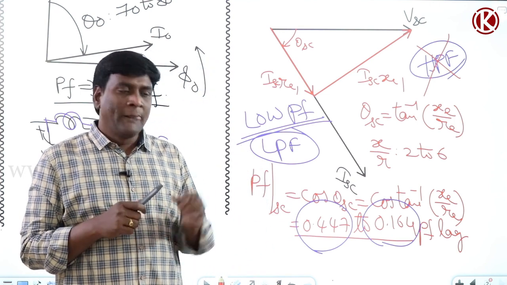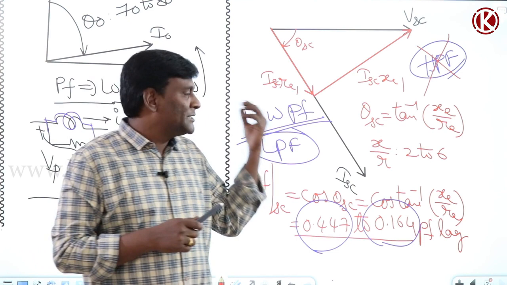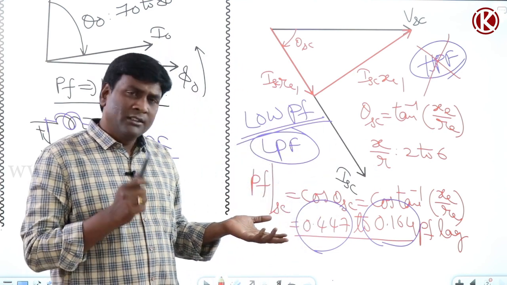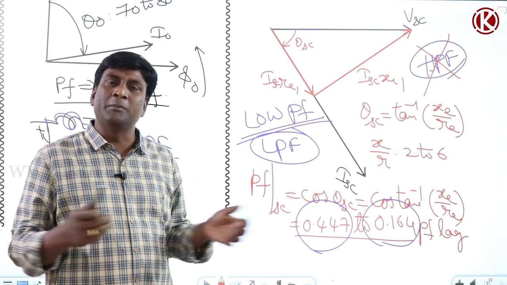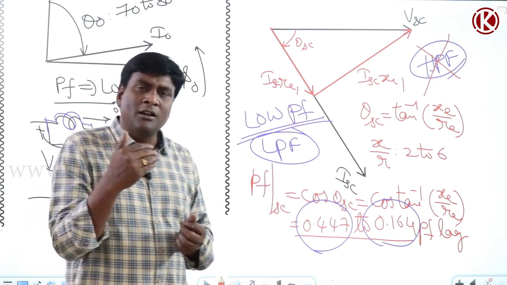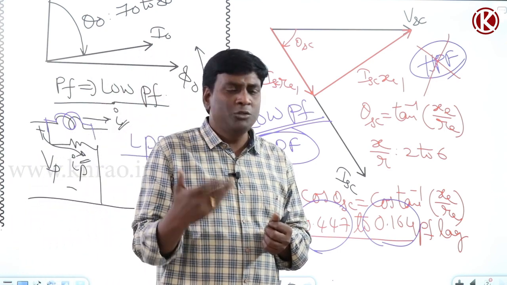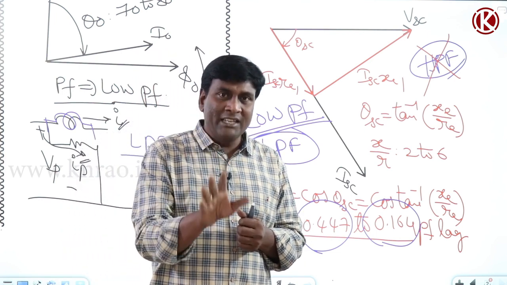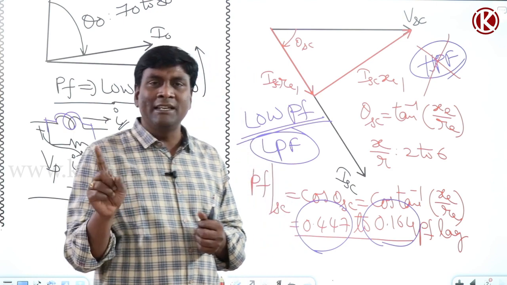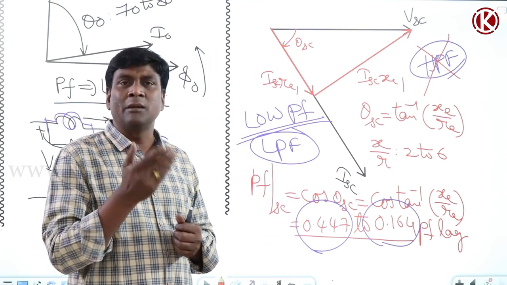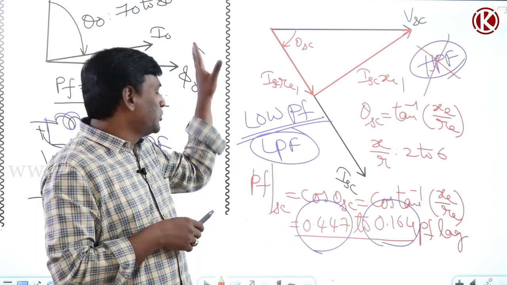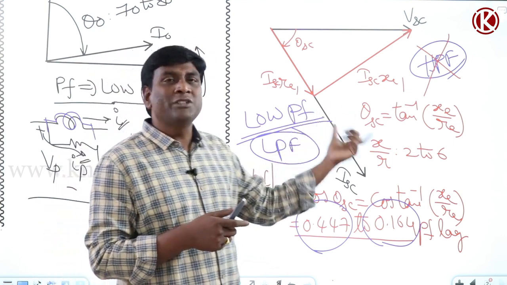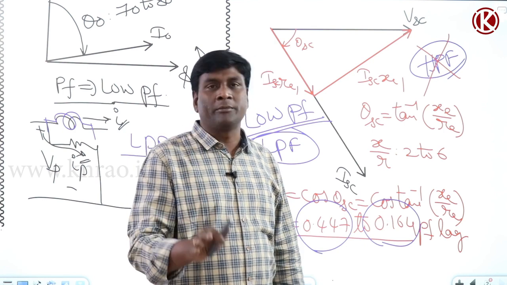In the interview, if the interviewer says that we have to use an HPF wattmeter in transformer SC test conditions, then show your capability, show your caliber, and prove yourself that you are right. In the complete GATE era, only one time have they given a question on this LPF, HPF. They used the LPF terminology for the OC test and HPF for the SC test, but that is wrong.